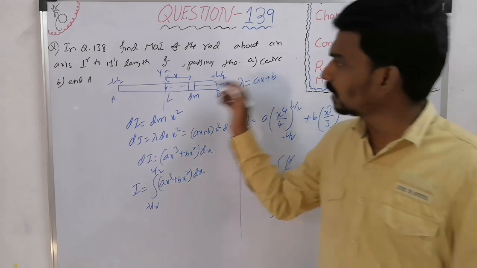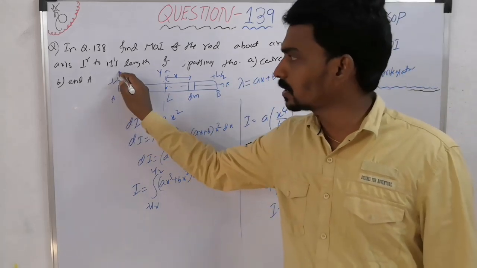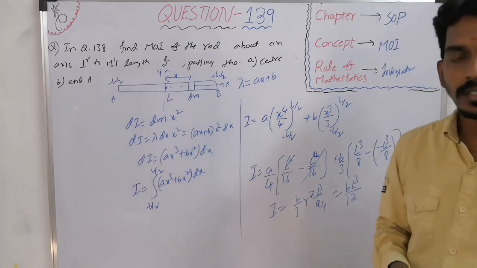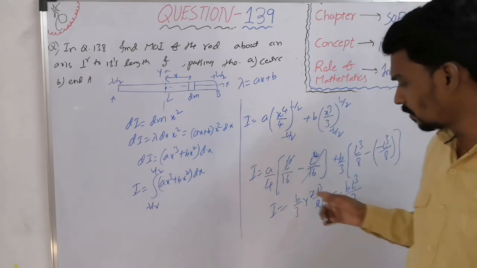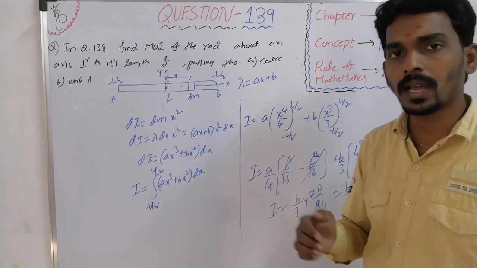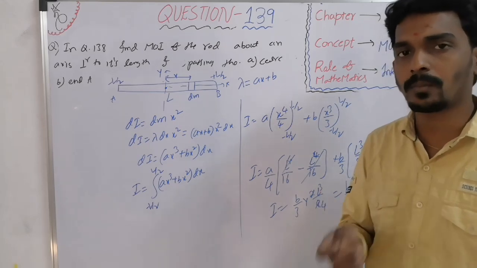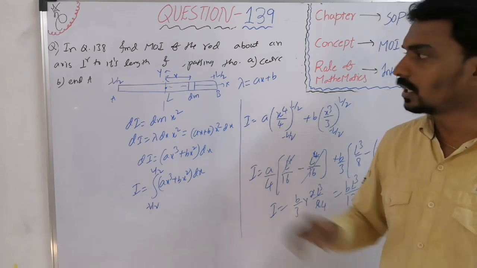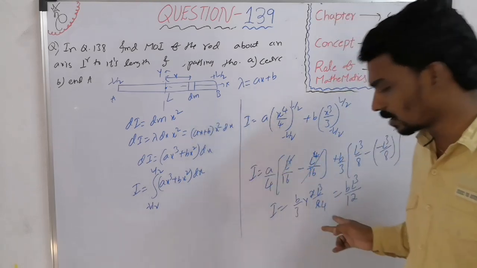Now another one they are asking, if it is the axis passing through end, then don't apply parallel axis theorem using this result, because parallel axis theorem you have to apply if you know the moment of inertia about center of mass. That's why here you cannot apply with this result.